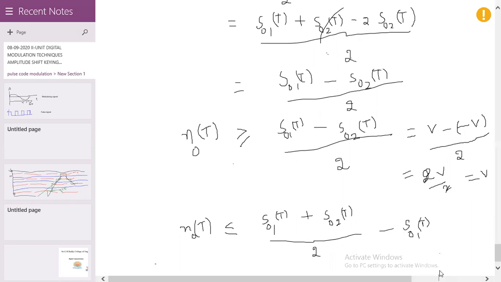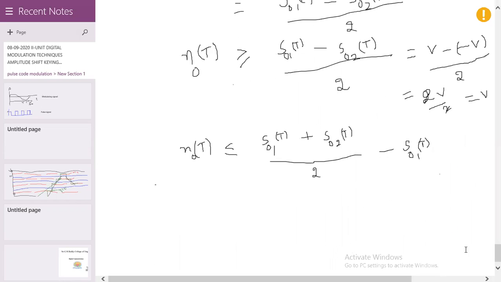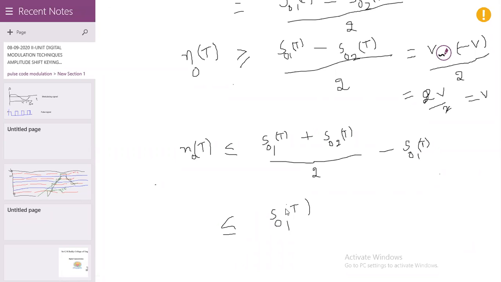So here we can substitute the values, less than or equal to. So S naught 1 of t plus S naught 2 of t minus 2 S naught 1 of t, divided by 2.